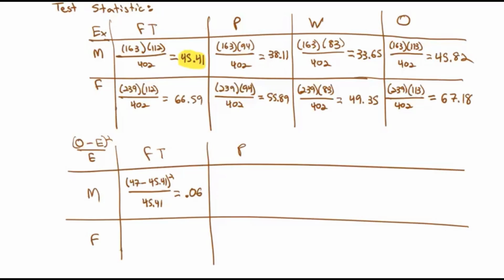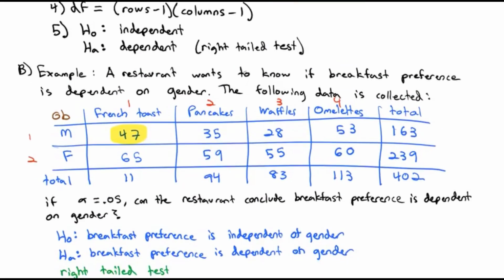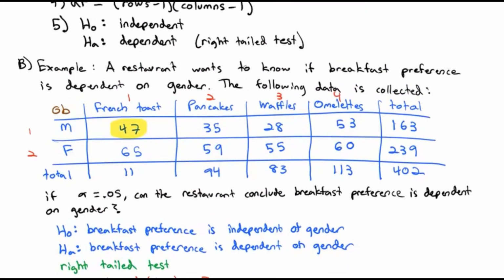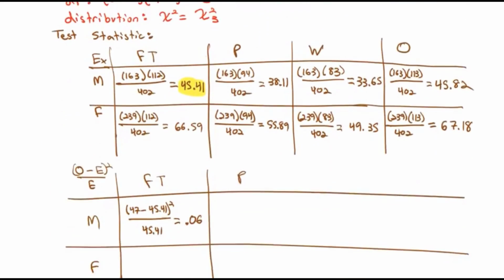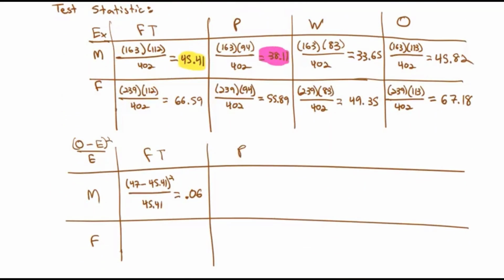Then we'll do the pancake preference. You'll see pancakes, the observed value is 35. The expected value is 38.11. So we plug it into our formula. 35 minus 38.11 squared divided by the expected value of 38.11, that gives us 0.25.